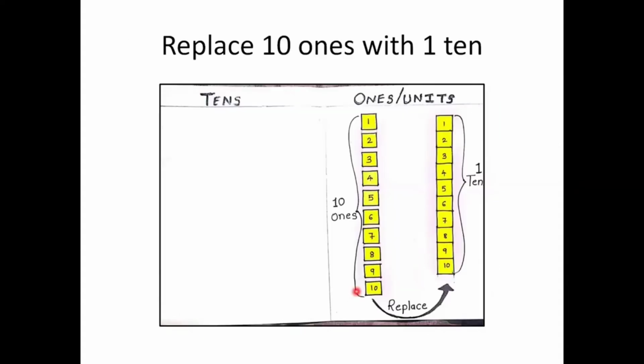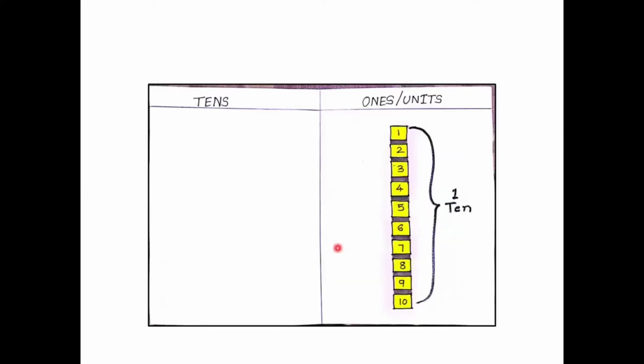No, because 10 ones is equal to 1 ten. So, we can replace 10 ones with 1 ten and remove 10 ones out of the place value mat. Hence, 1 ten is still remaining in the units place.